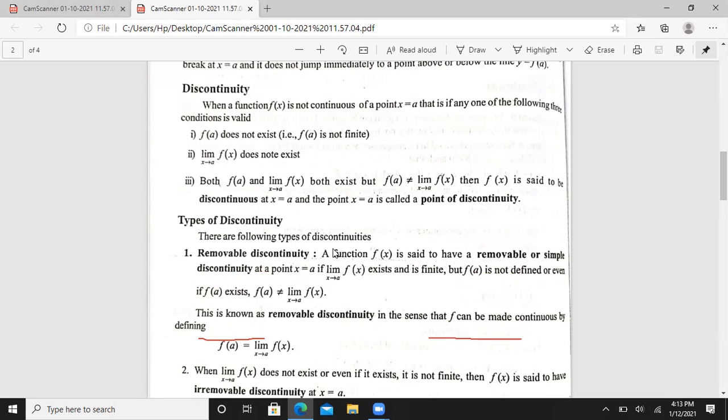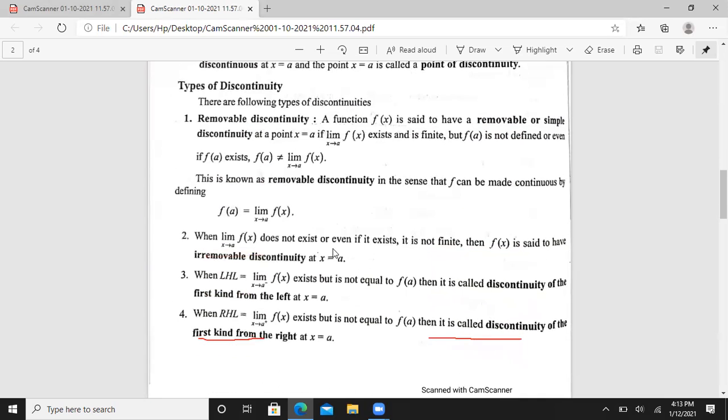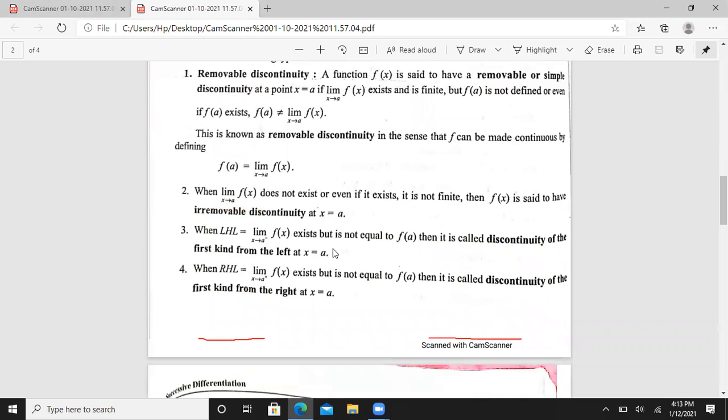First one is removable discontinuity. A function f of x is said to have a removable or simple discontinuity at the point x equal to a if limit of x tends to a, f of x exists and is finite, but f of a is not defined, or even if f of a exists, then f of a is not equal to limit of x tends to a, f of x.